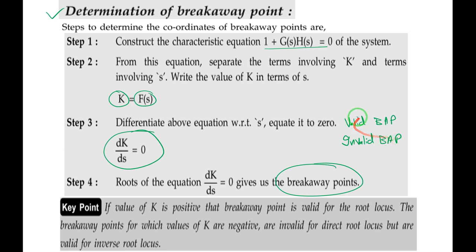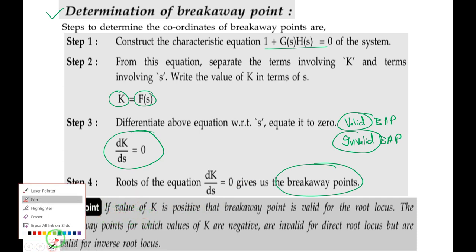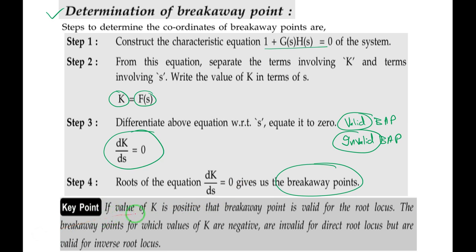I will make you understand what we call valid and invalid breakaway points. If the value of k is positive, then that breakaway point is valid for the root locus. If the value of k is negative, then it is an invalid breakaway point.